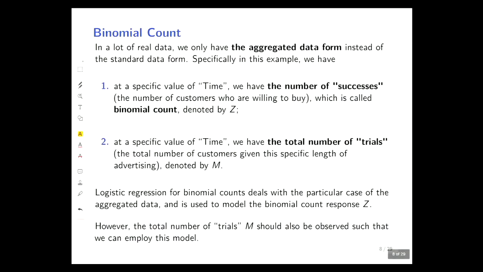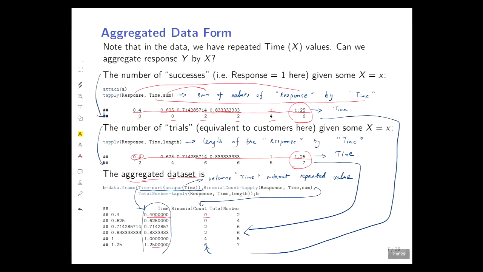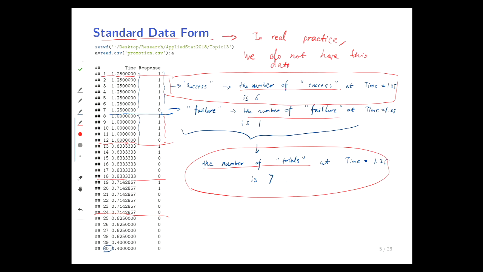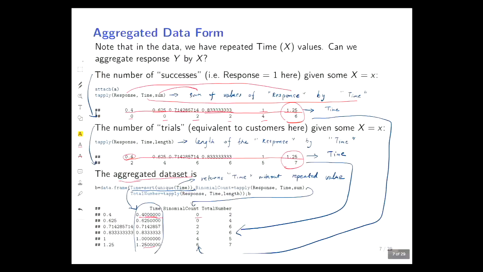So why are we talking about this? Because in real data, sometimes we do not have the standard data form. We do not have this 0 and 1 data form. In real practice, usually we have the aggregated data set, because obviously it's much easier for us to record.